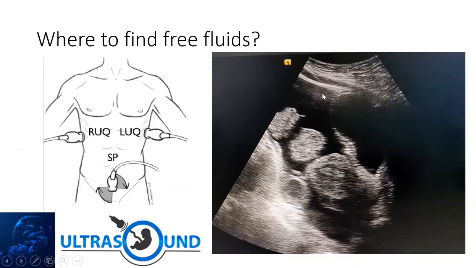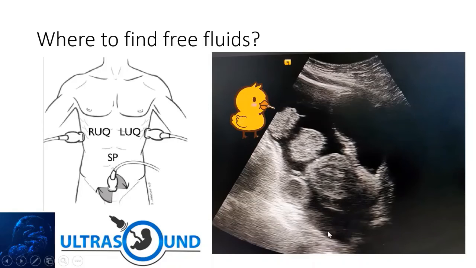So this anechoic area, anechoic fluids, anechoic means black color, basically. And the anechoic area is the free fluids, and you can see some shapes, no, it's actually the bowels. All right, these are the bowels that are floating inside, and you can see the uterus is floating inside, floating in the fluids.